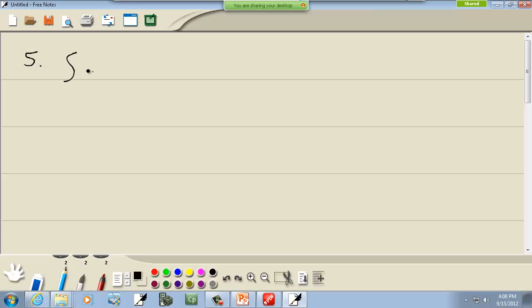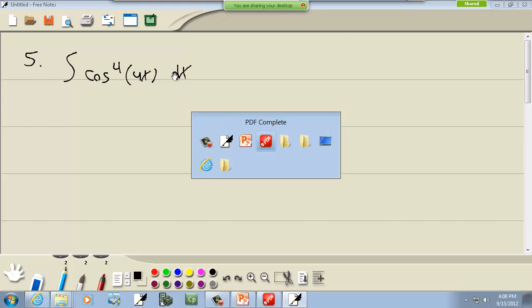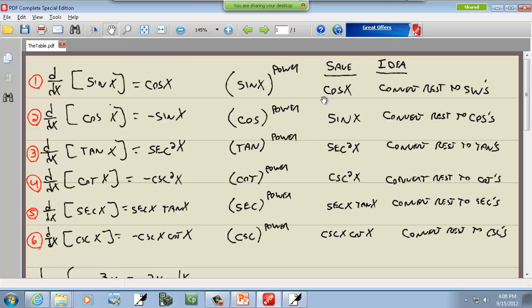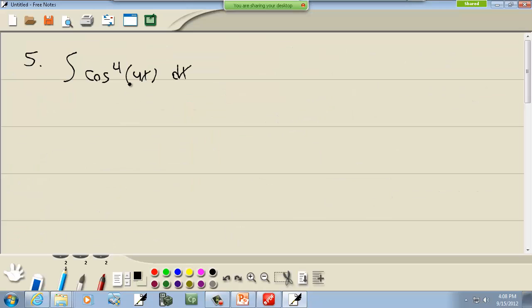So we got the integral of cosine to the 4th power of 4x dx. Okay, now the only one that really fits is if we save a cosine. But if we saved a cosine, then we'd be left with cosine to the 3rd. And again, it has to be an even power for us to convert it to sines. So this one uses the power reducing formulas also. So let's put that over here.